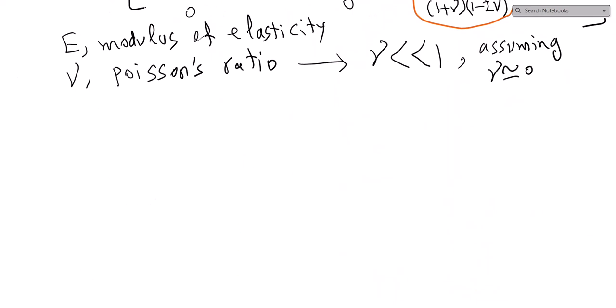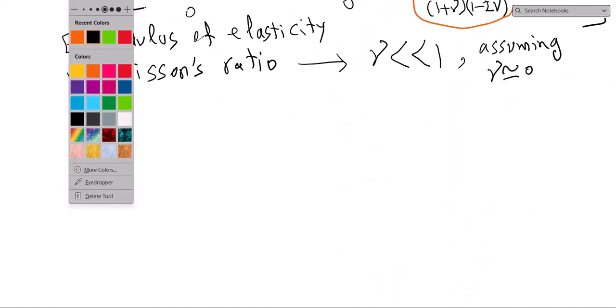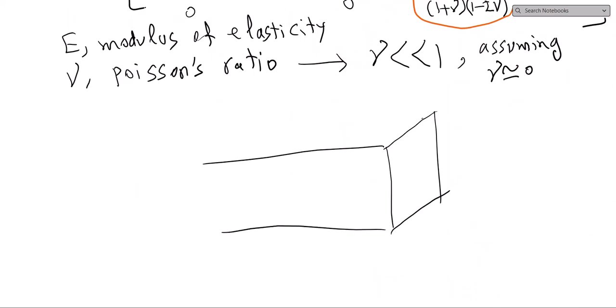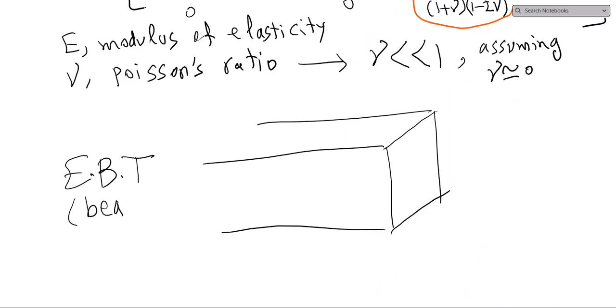So to conclude, if I draw the cross section of the beam, this is the Euler-Bernoulli theory or beam, and mu is very, very small, almost zero.